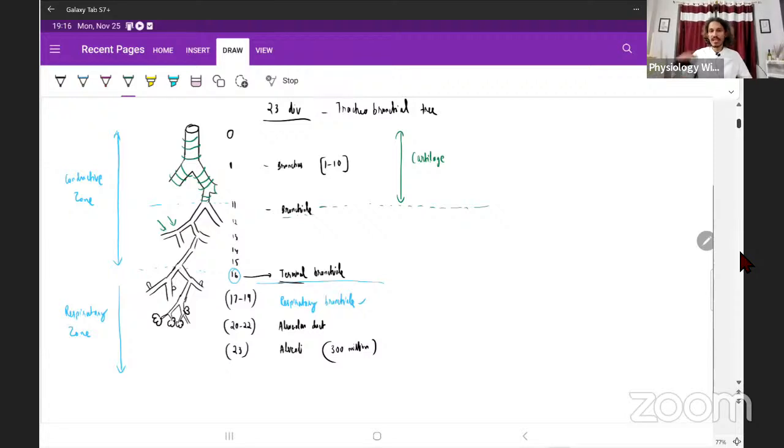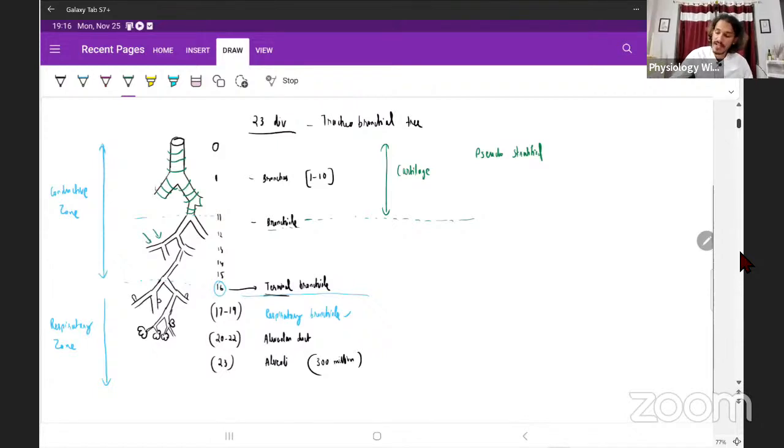Another thing is the initial layers, your trachea especially, has what we call a pseudostratified kind of epithelium. So now we're talking about the epithelium differences. What is epithelium? Whatever cells are lining the inside. There are different types, like some will be like this, some like this.